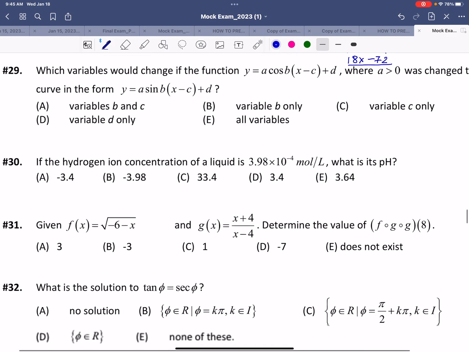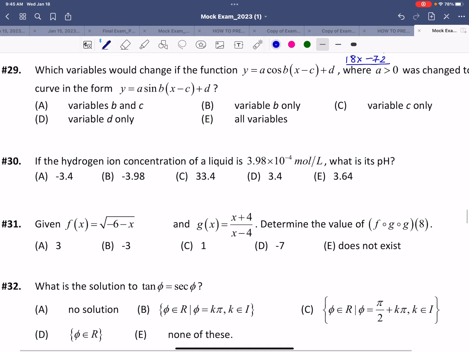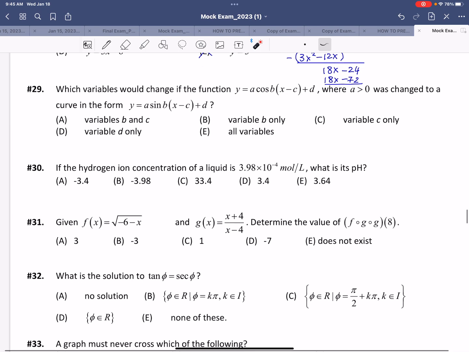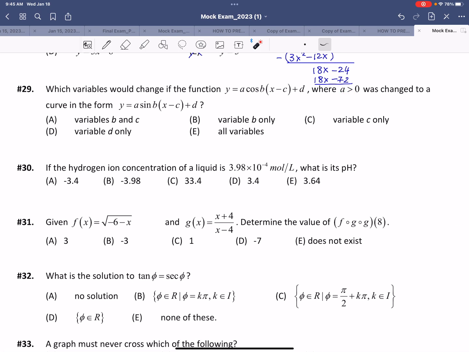Question 29. Which variables would change if the function y equals a cos(bx minus c) plus d, where a is positive, was changed to a curve in the form y equals a sin(bx minus c) plus d? So what we have in this case is the equation of a cosine and the equation of a sine function.